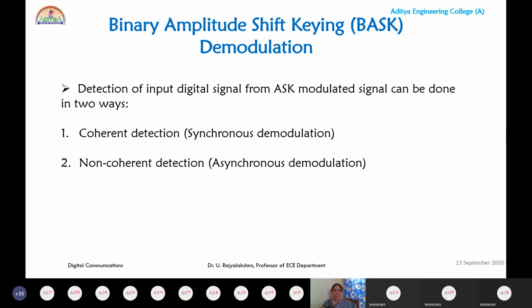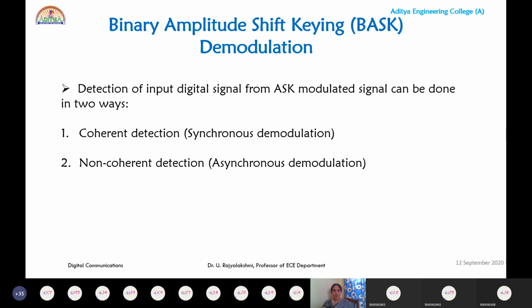It should be in phase lock with the carrier used at the transmitter section. What is non-coherent detection? It is also called asynchronous detection. Here we don't make use of a synchronous carrier. Now we need to study two different kinds of detection techniques for the ASK modulation technique.